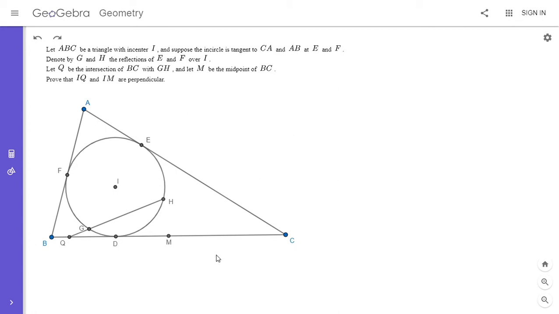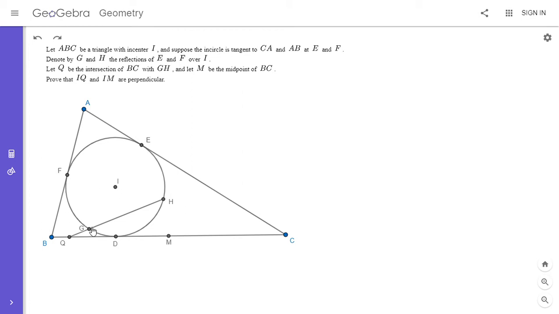All right. So the first thing that I noticed is that it's not hard to see that FEHG has to be a rectangle. That's because, first of all, F, I, and H are collinear, because H is defined to be the reflection of F across I. So FH is a diameter. Similarly, EG is a diameter.